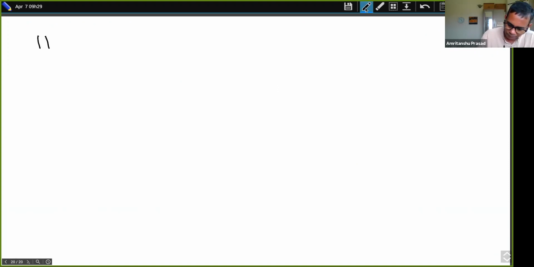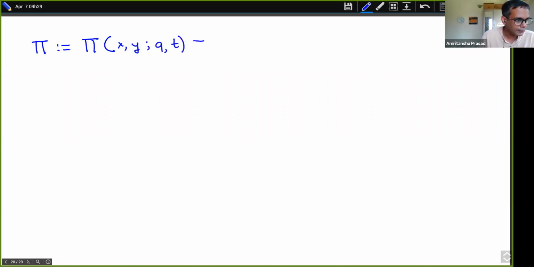So define pi, I'll just call it pi for short, and it's got variables xi, yj, but it's also got two parameters q and t.